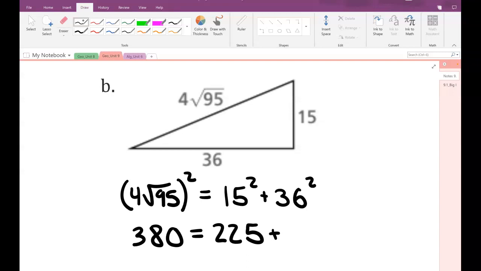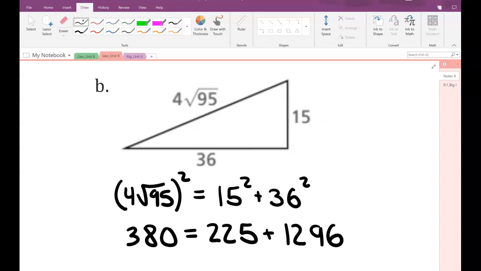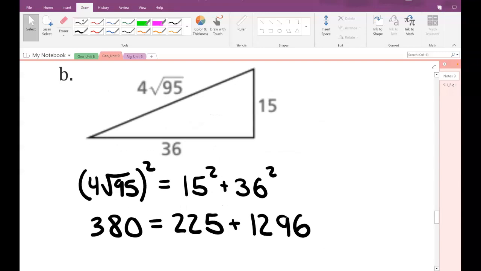And 36 squared is 1,296. So if we were to add this side together, it would not be equal because this is already bigger than 380. So we give this a red X. No, this is not a right triangle, because it fails the converse. If this is not equal, then it cannot be a right triangle.